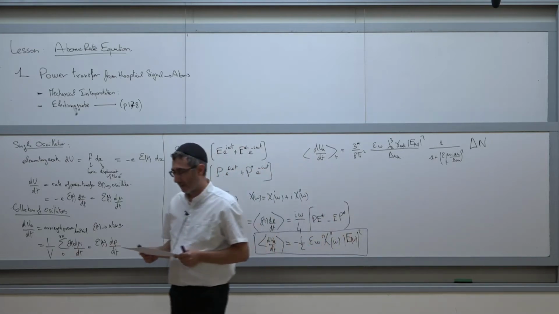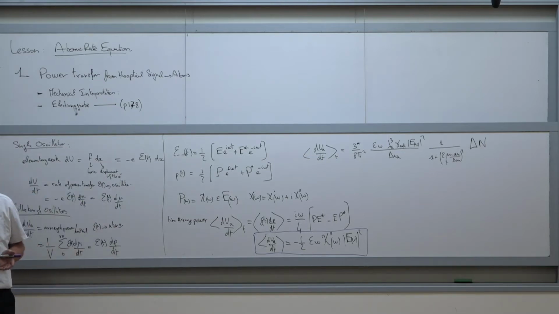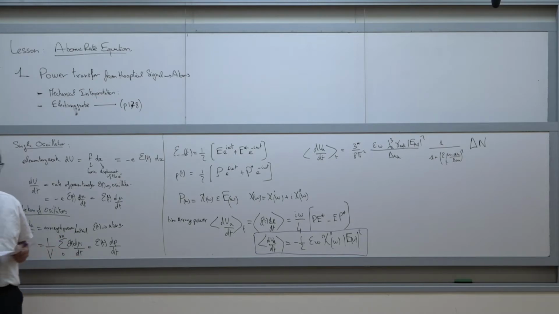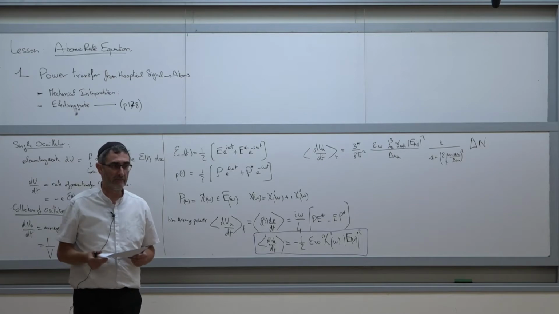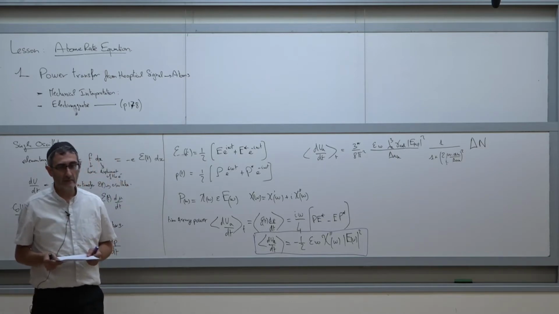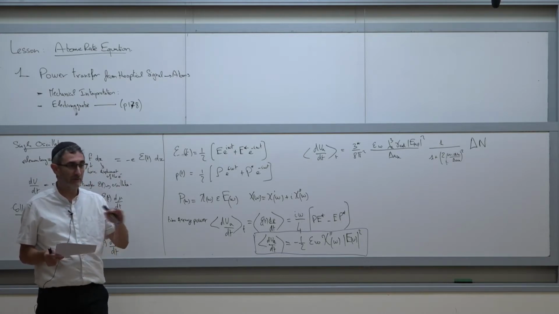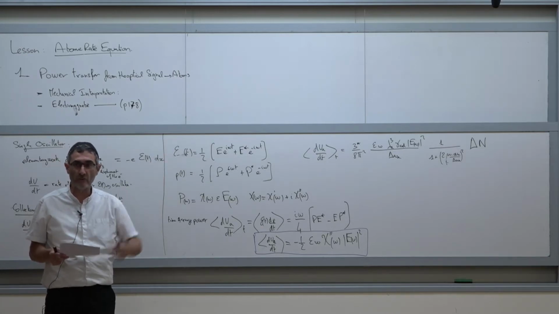So let's consider an atomic system from the quantum point of view. What is the energy if you consider an atom with multi-level atom? The energy is just the energy of a given level times the population in that level, and then you sum over all the levels.